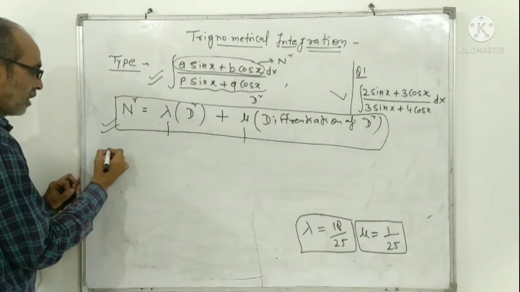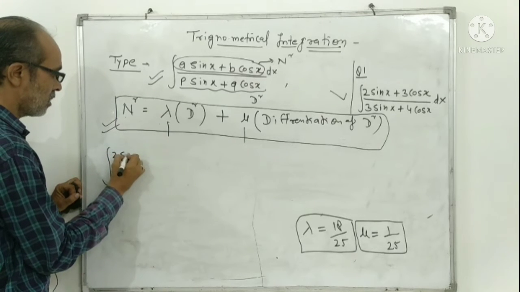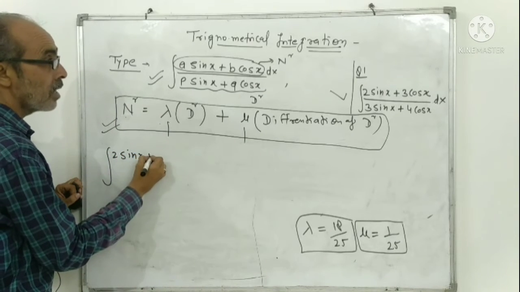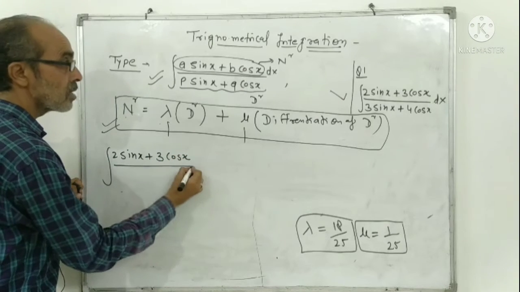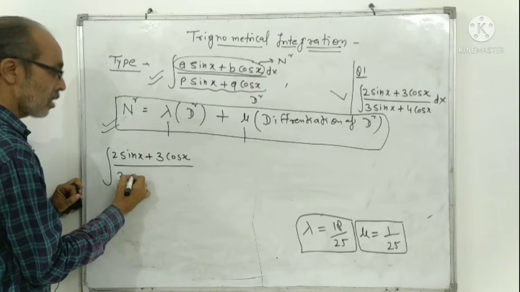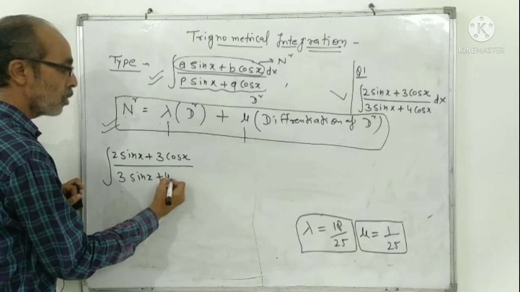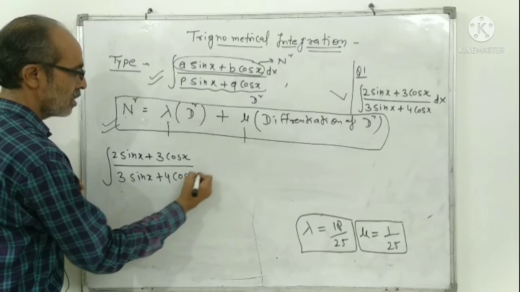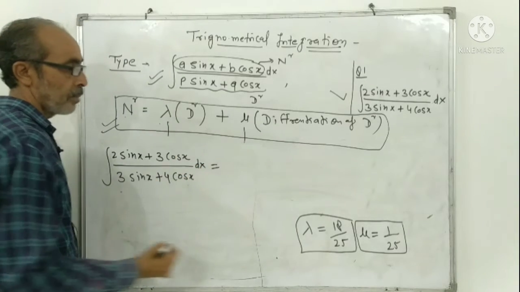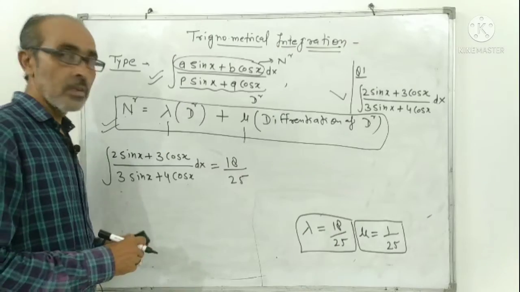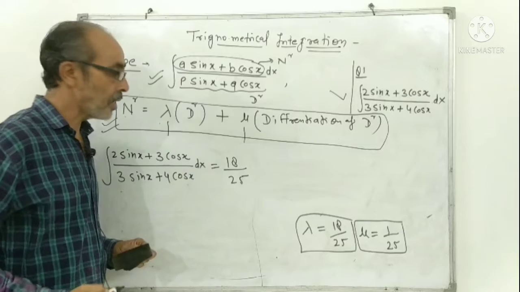Yes, the given integral I is the integral of 2 sin x plus 3 times cos x divided by 3 times sin x plus 4 times cos x dx, which is equal to lambda times the denominator, and lambda is 18 divided by 25.